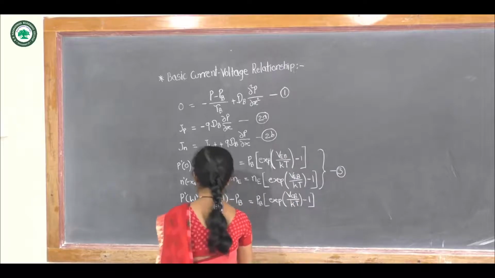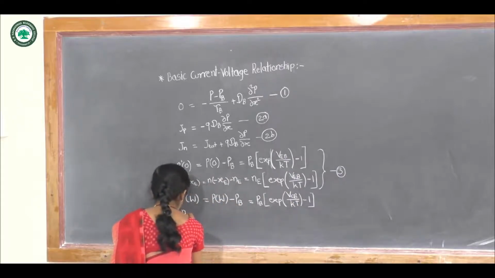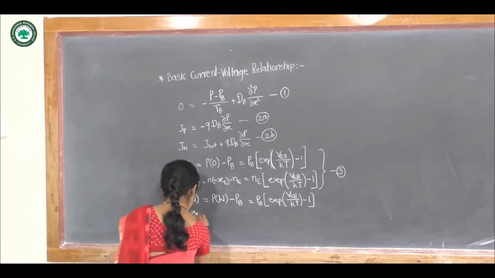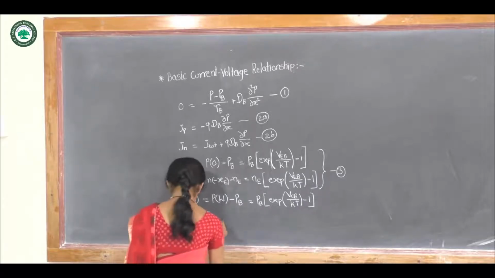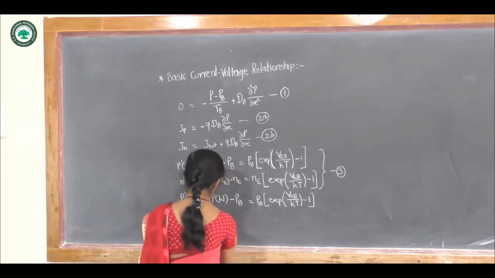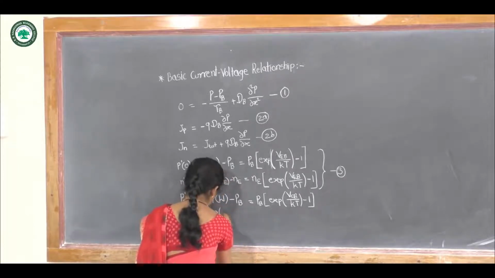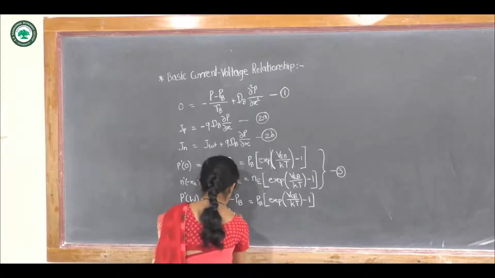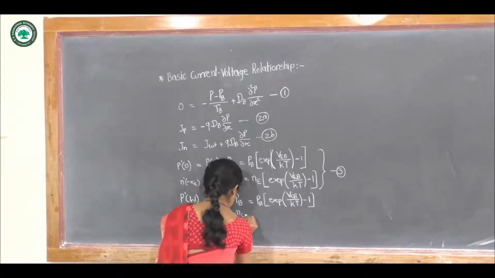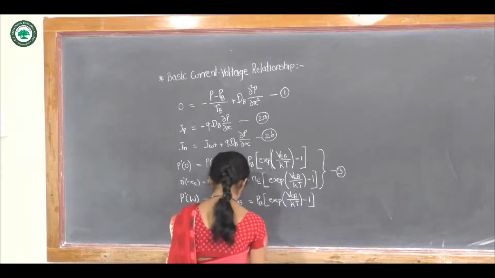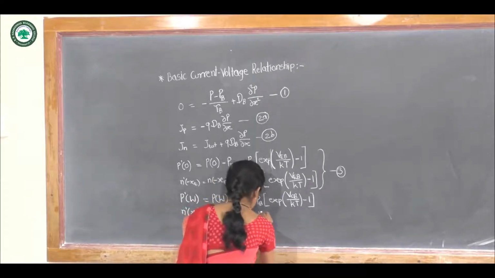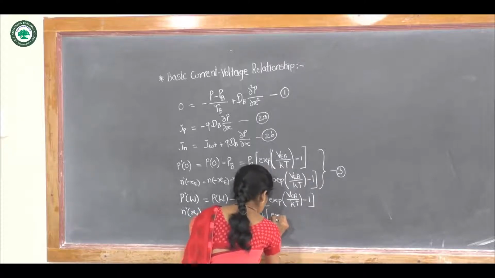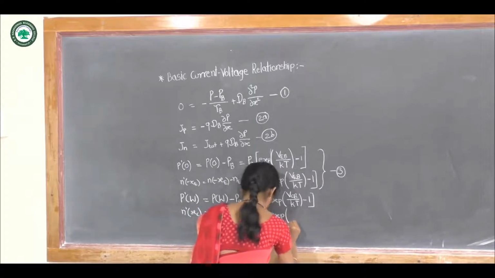And n dash of XC, which is equal to n of XC minus NC, which is equal to NC into exponential of (q into VCB by KT minus 1).